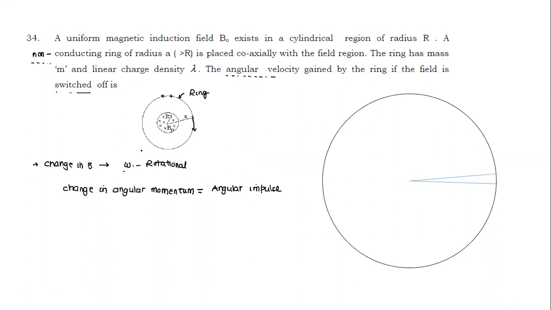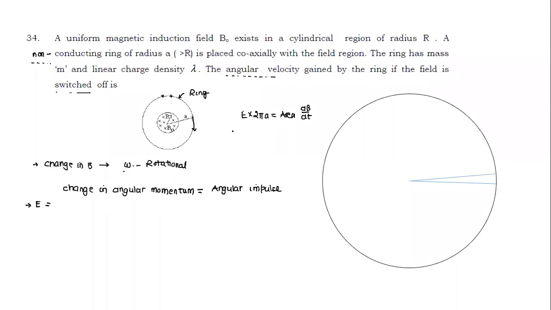Can we calculate the value of the field here? The field is easy to calculate. The calculation of the field is based on E into 2 pi a is equal to area into dB by dt. But in this case, it's not an instantaneous value.